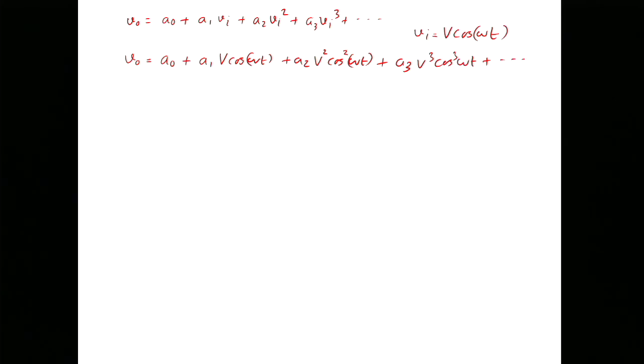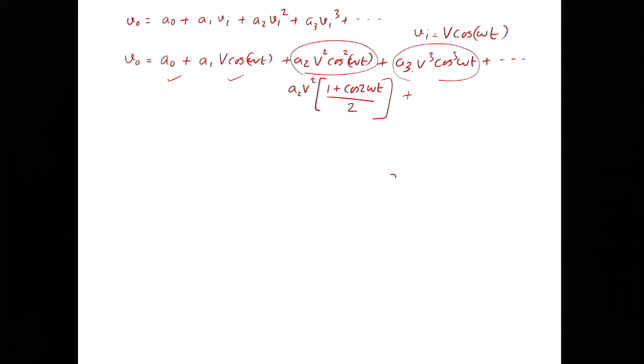Now these are okay, but here you have a cos square omega t term. So you know that cos square theta is 1 plus cos 2 theta divided by 2. So that would be A2 V square times 1 plus cos 2 omega t divided by 2. So that is this term.